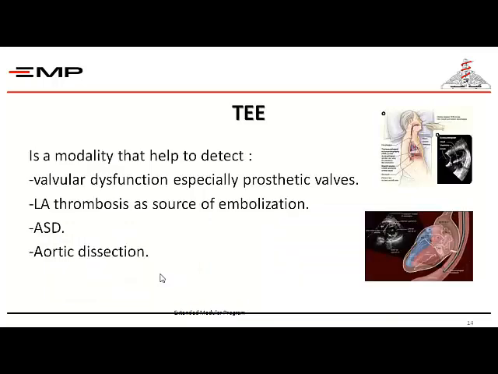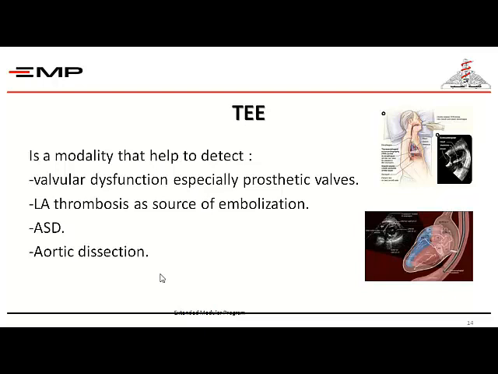The transesophageal echo is a semi-invasive modality that helps to detect valvular dysfunction, especially of a prosthetic valve, as it produces a lot of noise which sometimes interferes with assessment of its function. It also detects left atrial thrombosis as a source of embolization. The left atrium is a posterior structure that is difficult to visualize by the transthoracic echo.